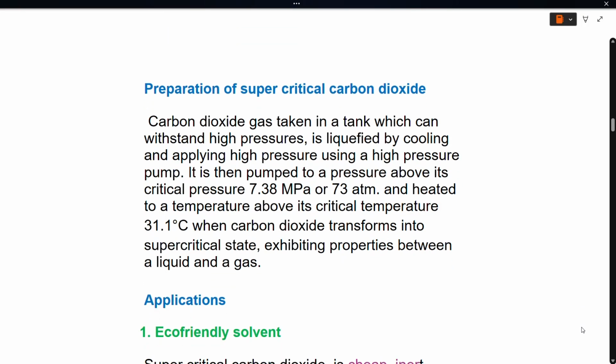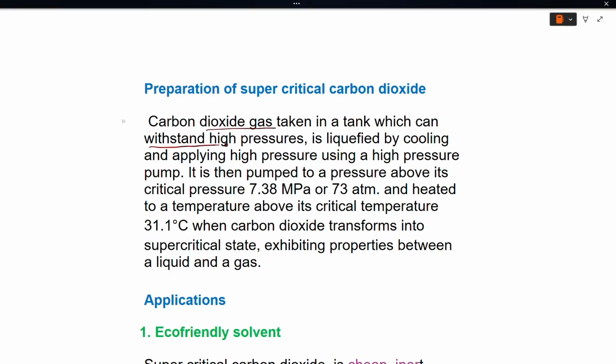Next, we will see how to prepare supercritical carbon dioxide. The carbon dioxide gas is taken in a tank, and that tank should be able to withstand very high pressures, so it should be made of a material which can withstand high pressures. It is then liquefied by cooling and applying high pressure.